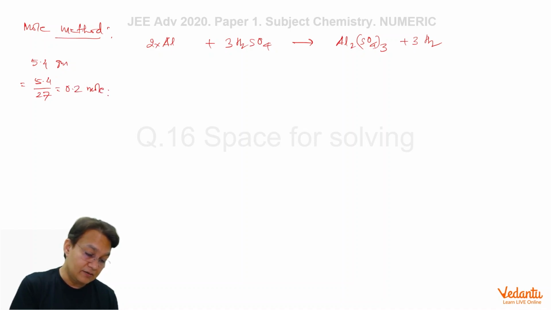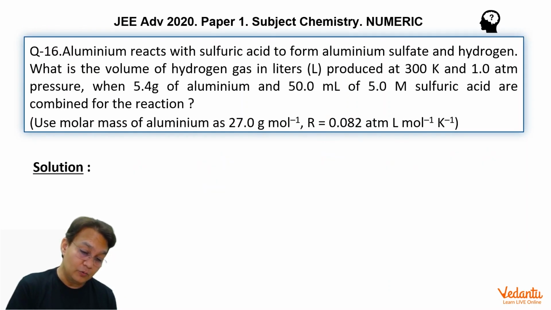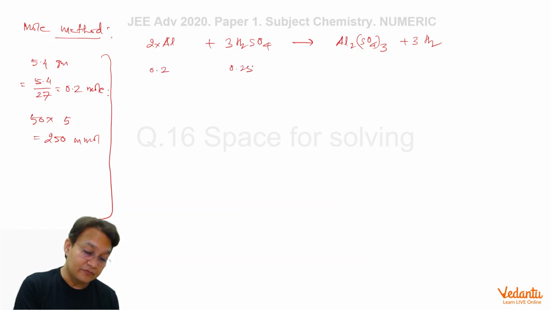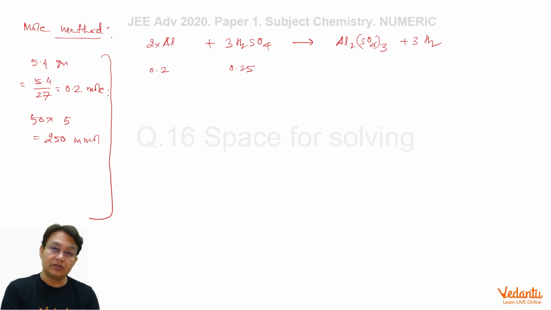And the amount of H2SO4 present here is 50 into 5, which is 250 millimole. So we have 0.2 mole of aluminum and 0.25 mole of H2SO4.